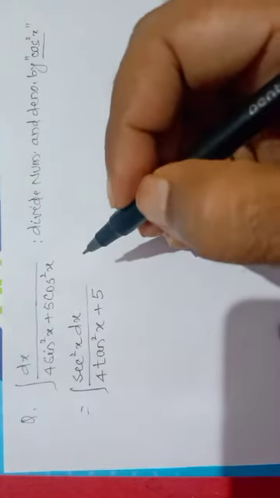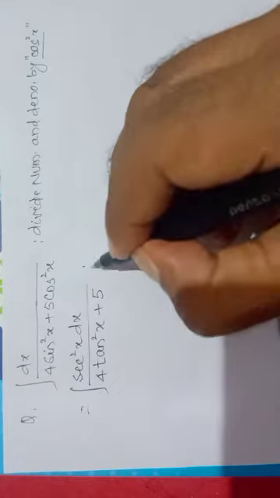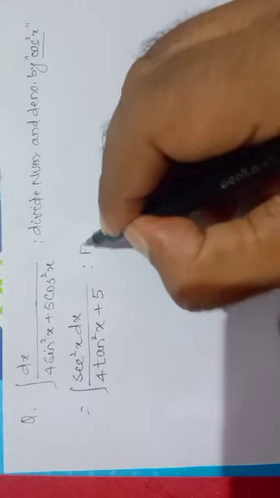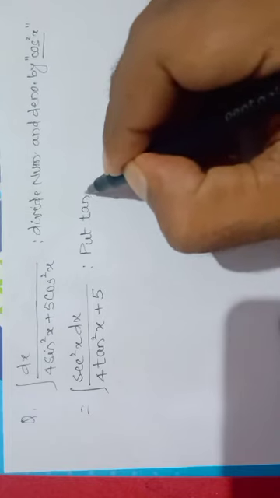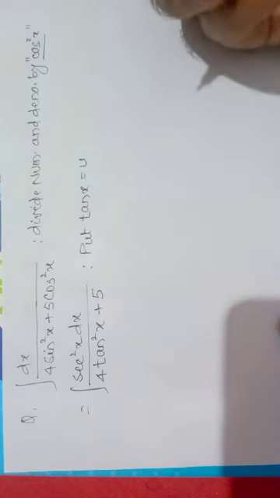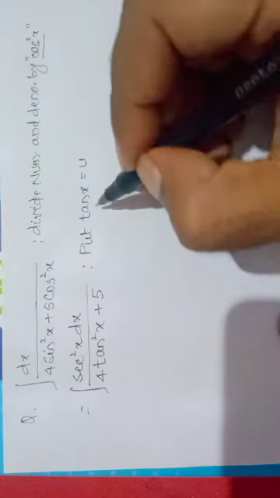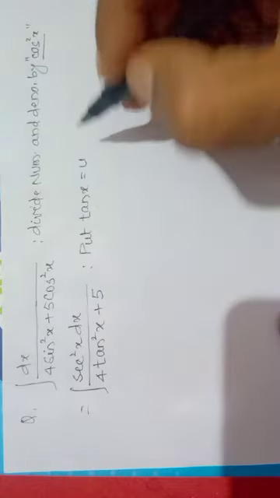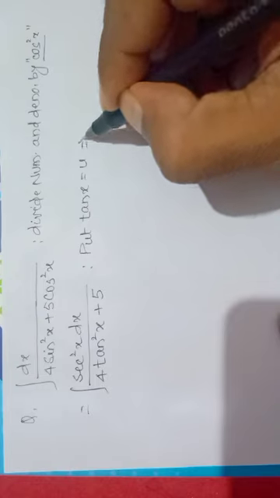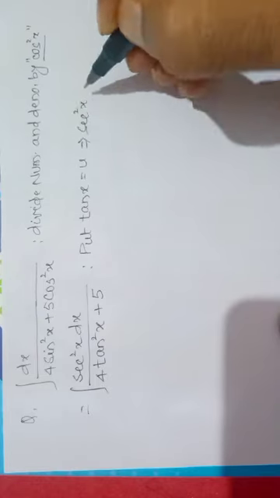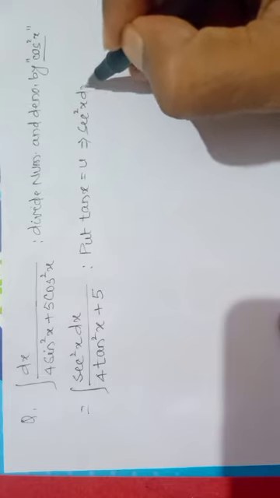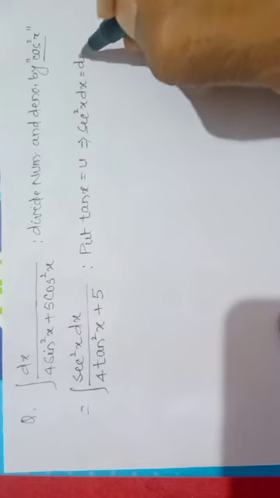Now apply substitution and put tan x equals u and differentiate with respect to x. So after differentiating, sec square x dx equals du.